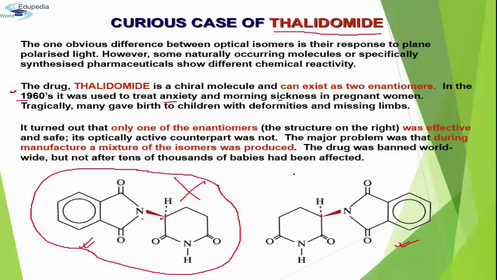pharma industries, because this could help us identify the side effect or the ill effects, undesirable effect of the other isomer. And if we know that, then we will just try to produce only the desirable enantiomer.